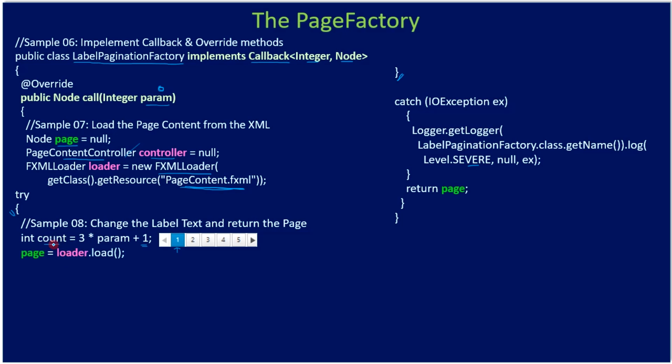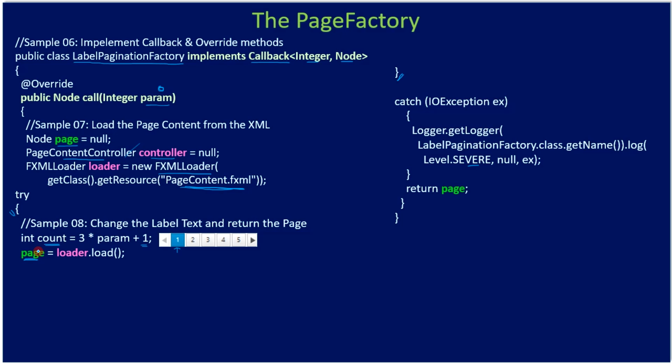Alright, we have the label count here. Loader.load. Loader is pointing to page content.fxml. Loader.load will load the page. So page content we already designed, right? So page content is nothing but a combination of 3 labels.